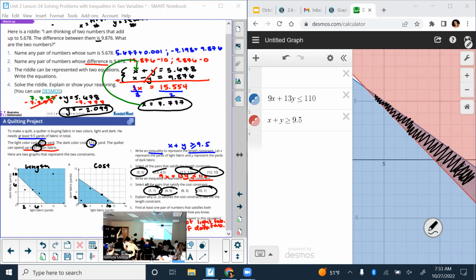Make sense? Could it be on the solid line? Yes. So anything on the solid line, as long as it's in the overlapping shaded area. So I wouldn't pick like this point over here, because that's not where they overlap. But yes, anything where it overlaps and it's on the solid line, meets both criteria. Question?